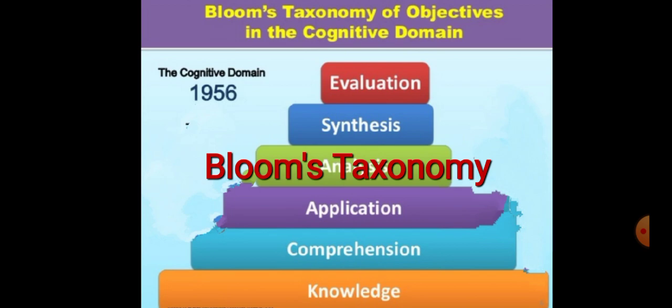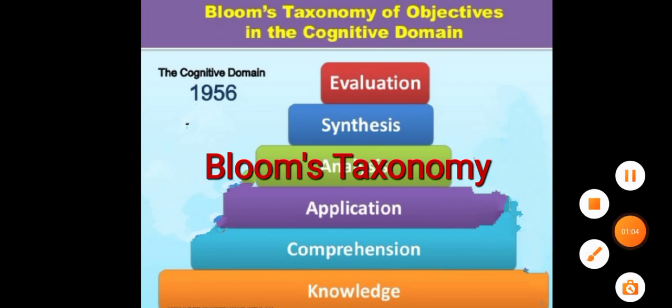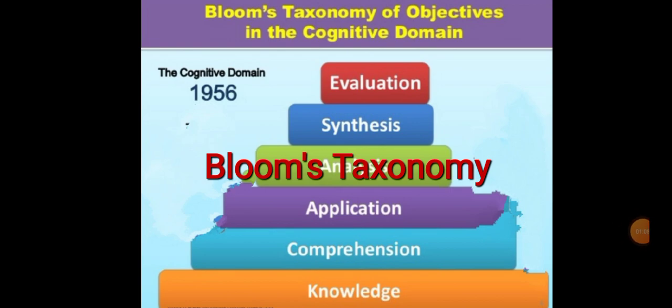As you recall, there are three learning domains that this model has developed. The first one is the cognitive domain, the second one is the affective domain, the third one is the psychomotor domain.